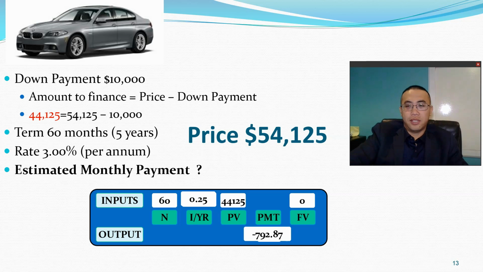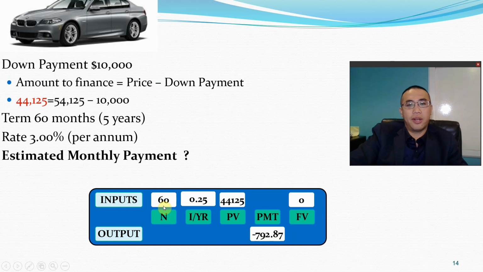So that basically is consistent with the number provided by the BMW website. Okay. So in this case, as I said, you have to put the interest, payment, and number of periods on the same page, all at the monthly level.